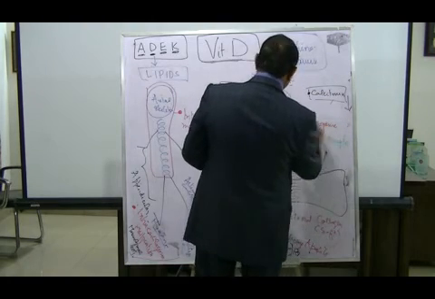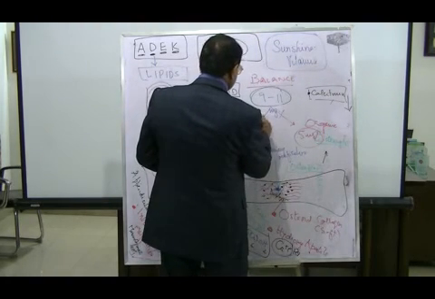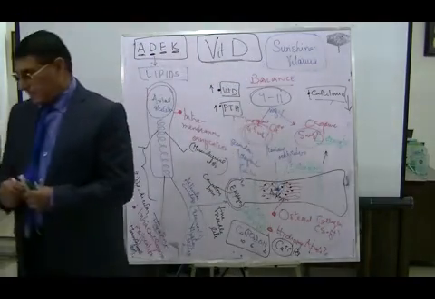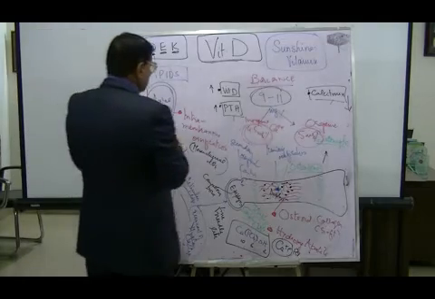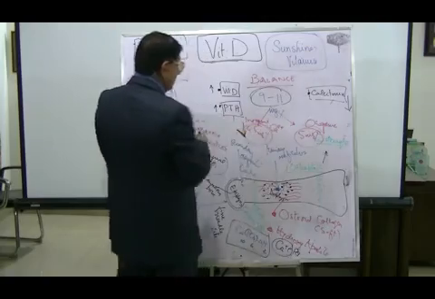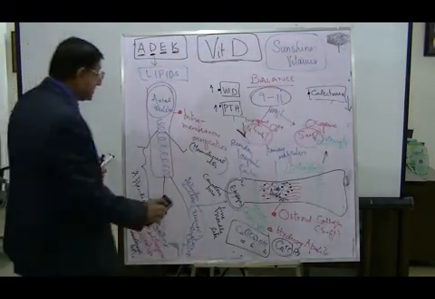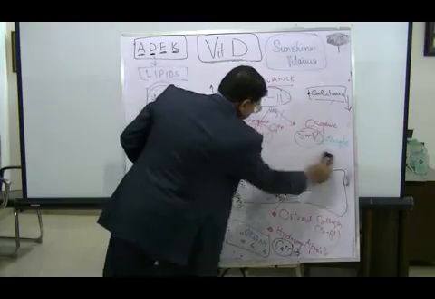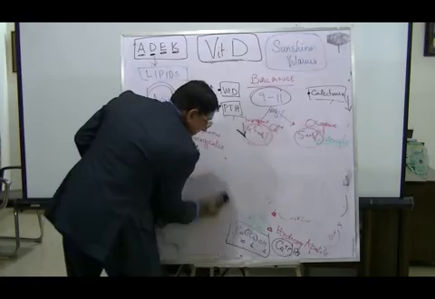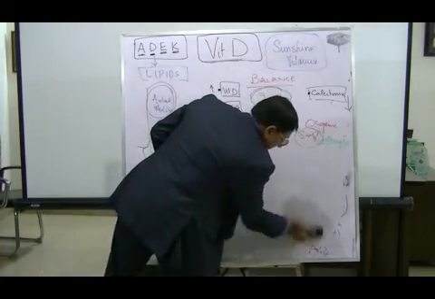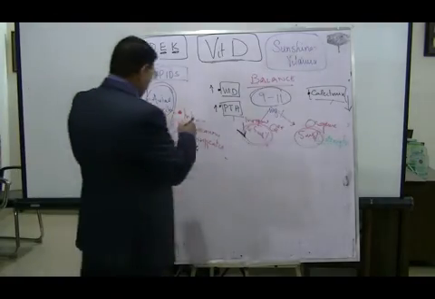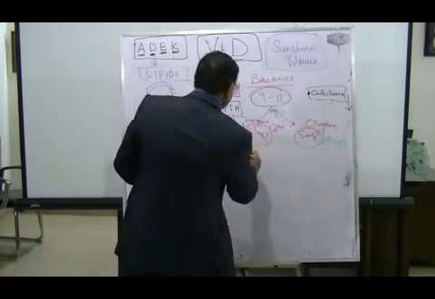So this is inorganic calcium ions. Which one is more important? This one is important, because if the inorganic level falls, the body would take it as hypocalcemia.